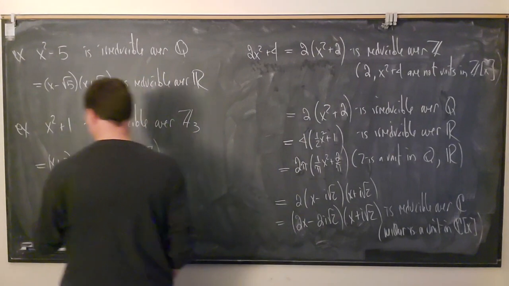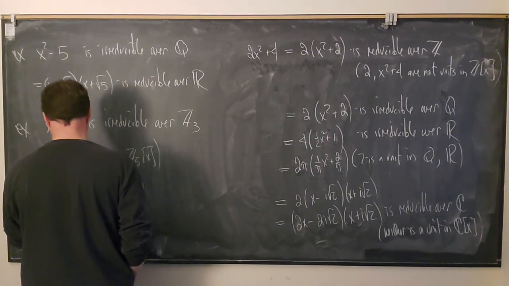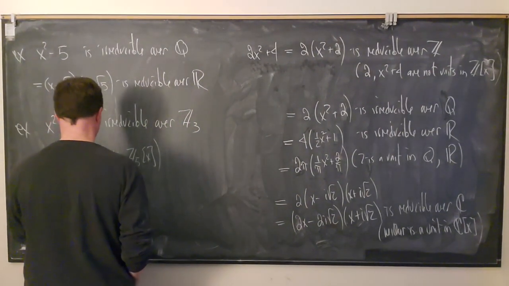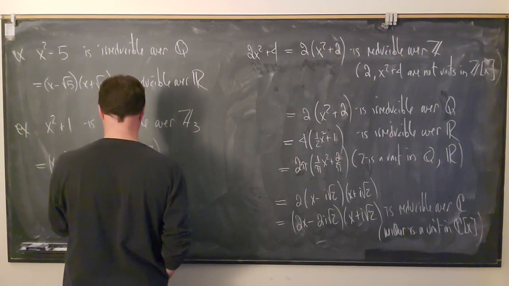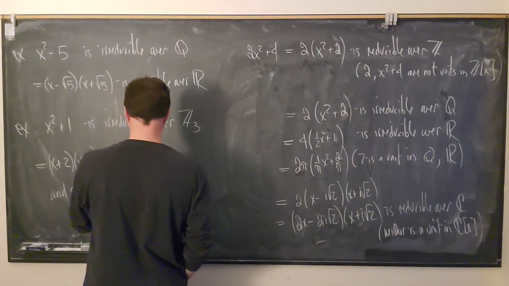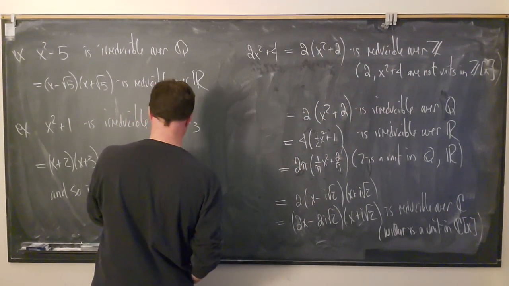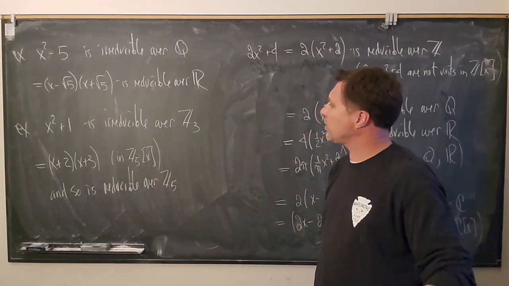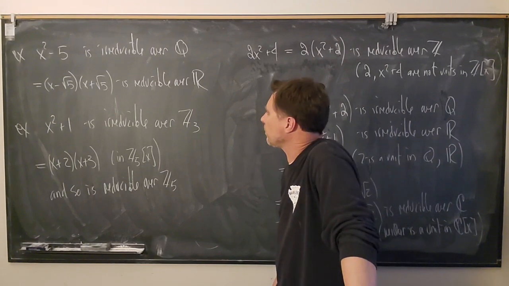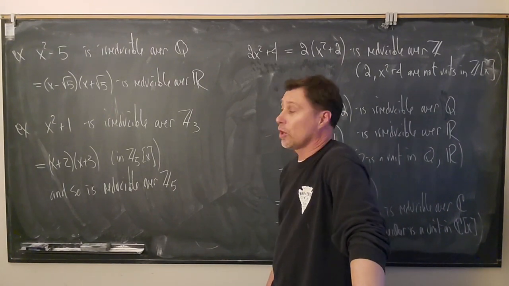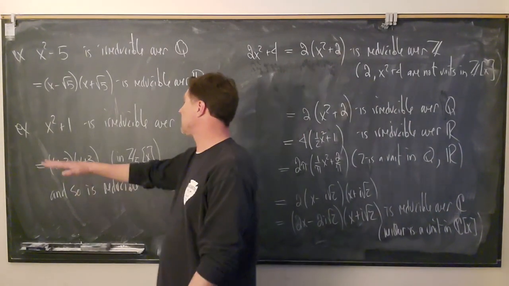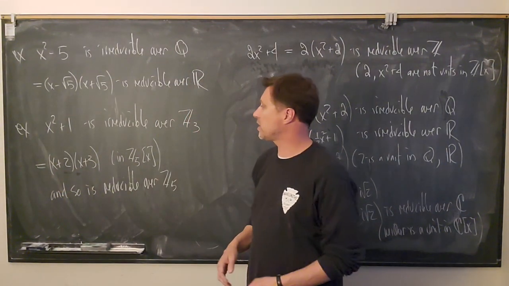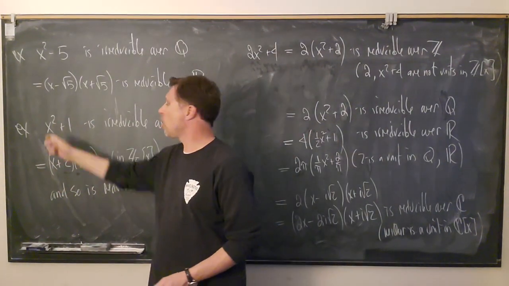And so it is reducible over Z5. You might ask the question, how do you know that it is irreducible over Z3, right? I mean, I produced the factorization to show that it's reducible over Z5. How do I know that's irreducible over Z3?